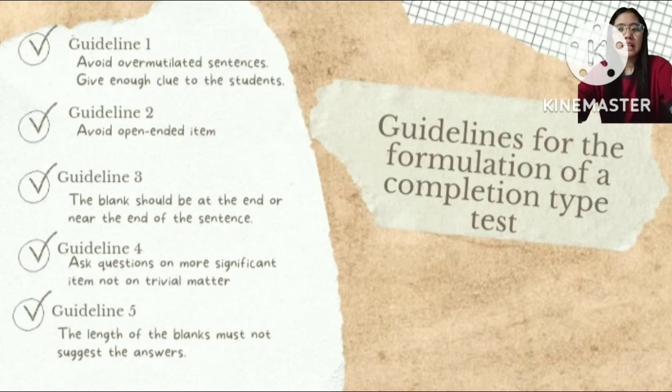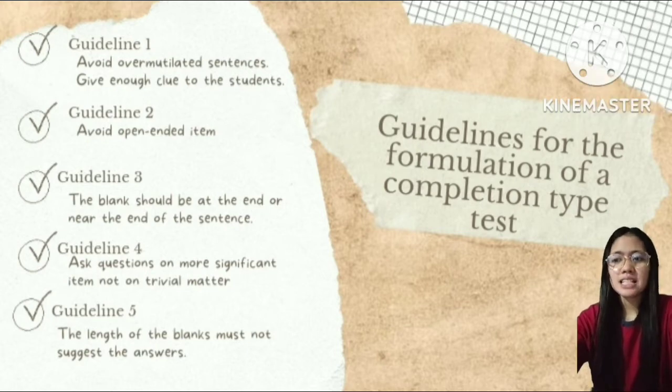Ito naman ay related sa number 1, which kailangan magbigay ng enough hints or clues. So, para magawa yun, kailangan ilagay ang blank sa near end or end of the sentence para more chance na tumama ang mga students kasi doon ay mas maa-analyze ng bata ang sentence kasi may provided clue na.